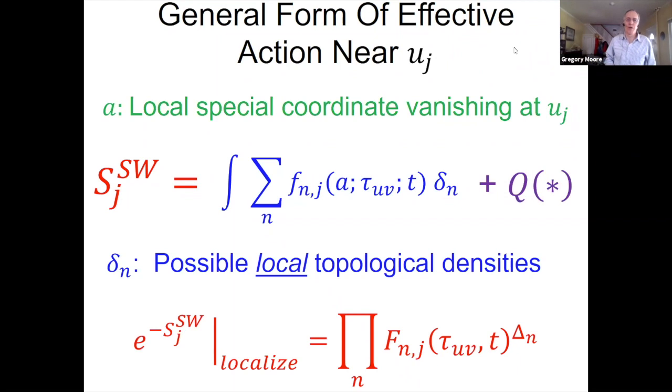So if I know the f_n's, then when I evaluate the partition function of this low energy effective theory, by say localization, I'll set a to 0, and the exponential of little f is big F, and the topological invariant associated to little delta_n is big delta_n.